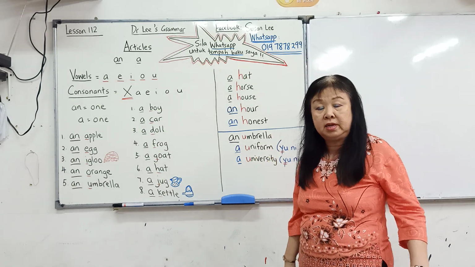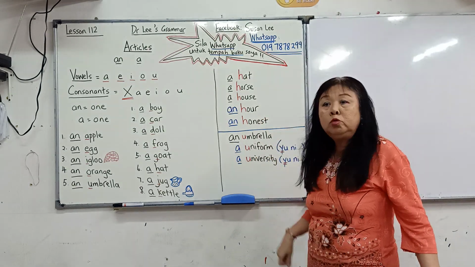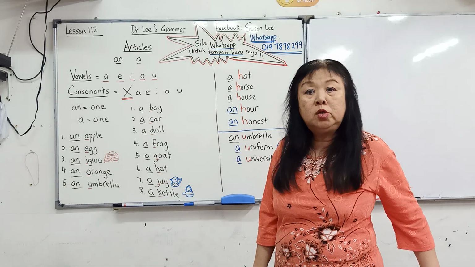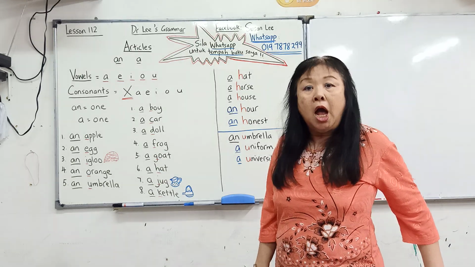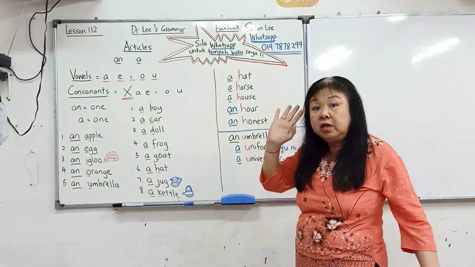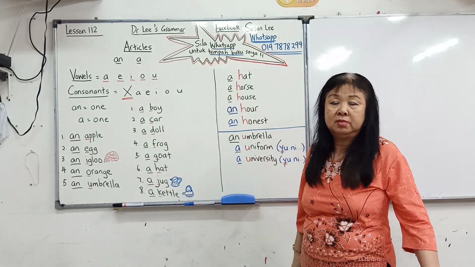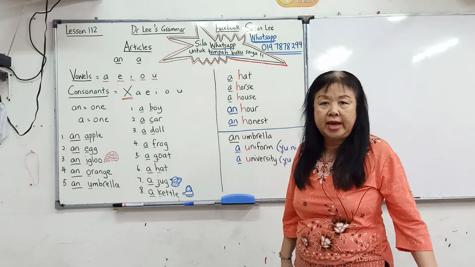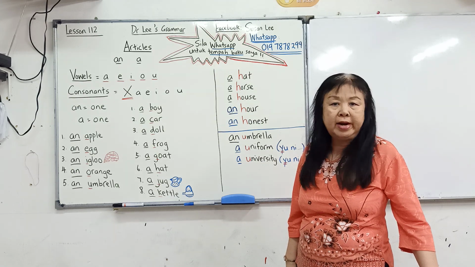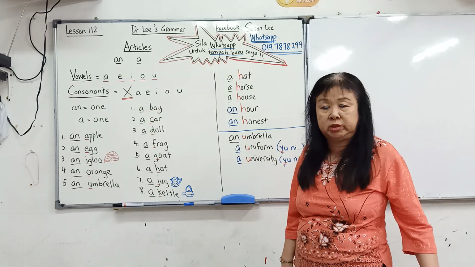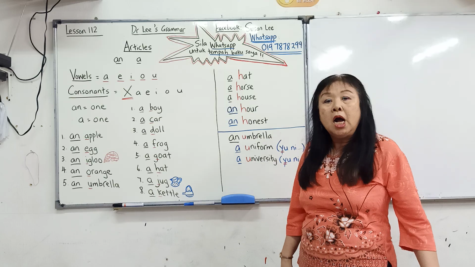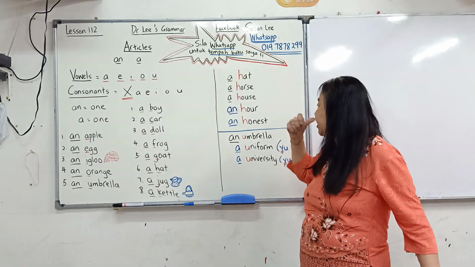I have heard people saying that. You do not say 'ouse', you say house. I have heard many people saying 'my ouse is there'. It is wrong to say that. You must say house.